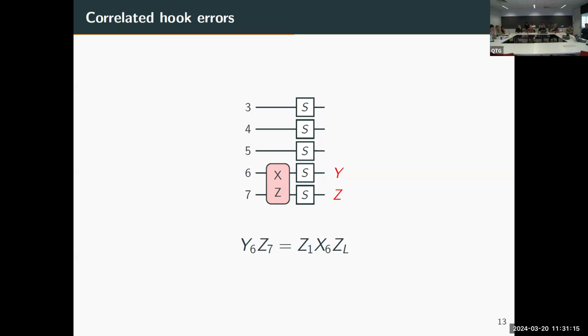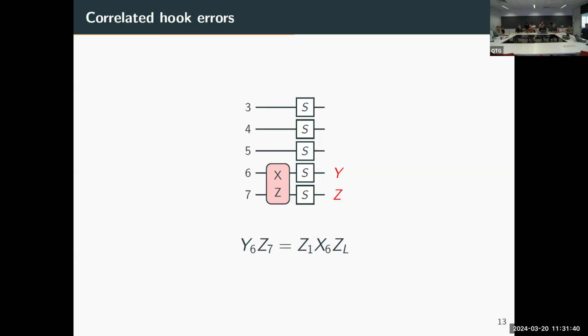Here, a single two-qubit error creates a pair of errors on the output code block, which is not fault tolerant. So the original Steane and Shor fault-tolerant methods had more ancilla qubits so that those so-called hook errors didn't result in pairs of errors in the output code block.